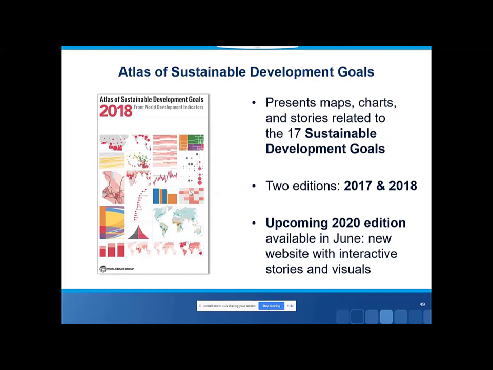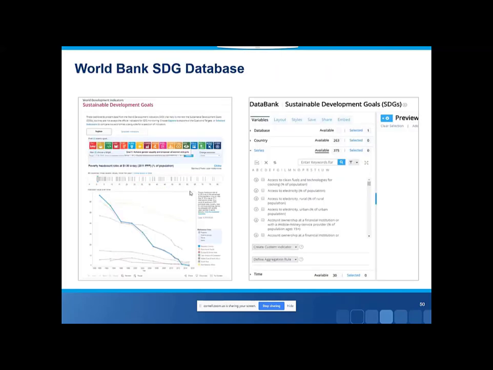The World Bank Atlas on the SDGs is a nice publication available in print, in PDF, and also in web format, with nice graphics and maps covering all of the goals and giving a sense of the current status. You can also access a set of indicators which are relevant for the SDGs through a portal or through DataBank. And I have to mention that the official SDG database is maintained by the UN.